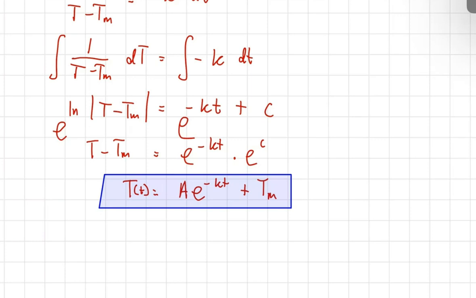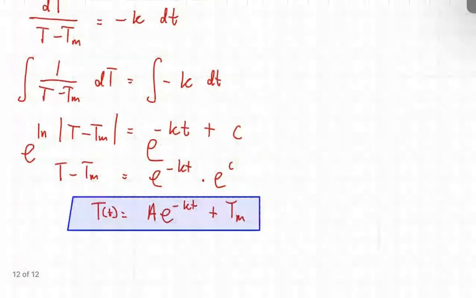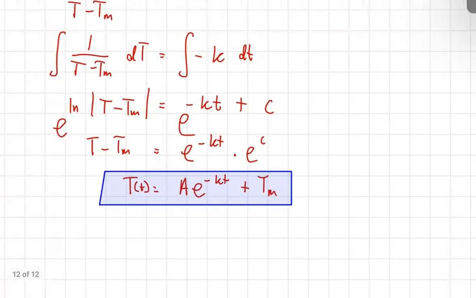In this equation, there are two unknowns that we don't know. First, we don't know what A is, and also we don't know what K is. The Tm is the given temperature of the medium, and t is whatever time we would like to find. So you need to find A and also K first before you can find the temperature at any given time.